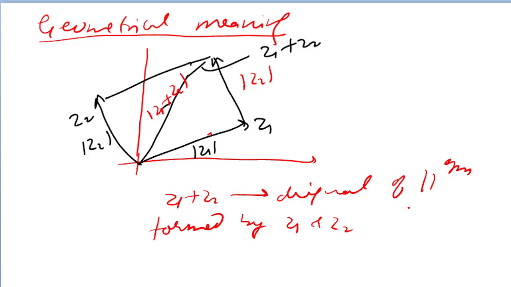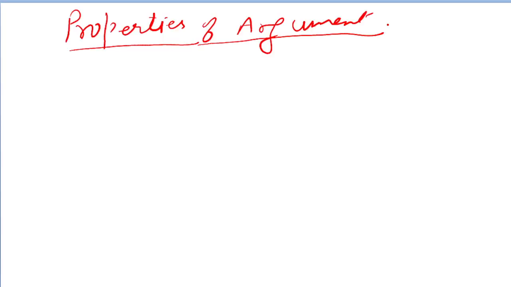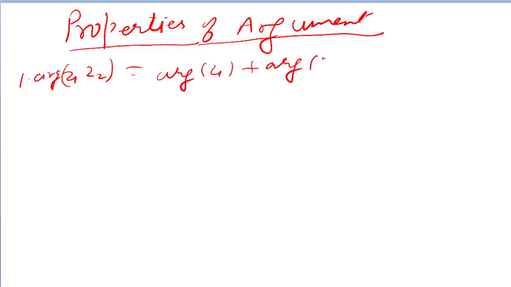Now let's discuss the properties of the argument. If we have z1 z2, what is the argument of z1 z2? It's nothing but the argument of z1 plus the argument of z2. We can generalize it for n also.